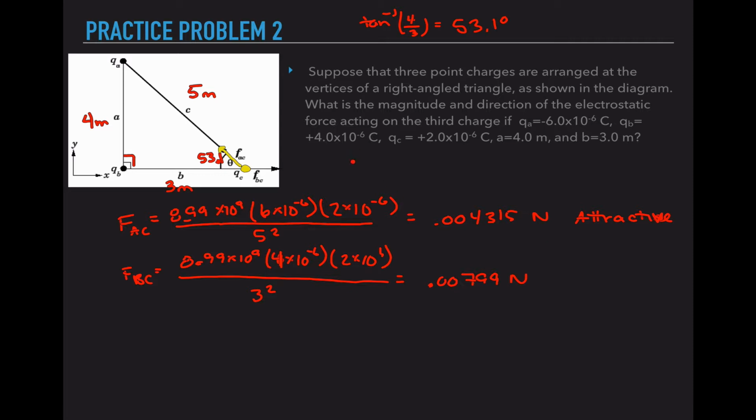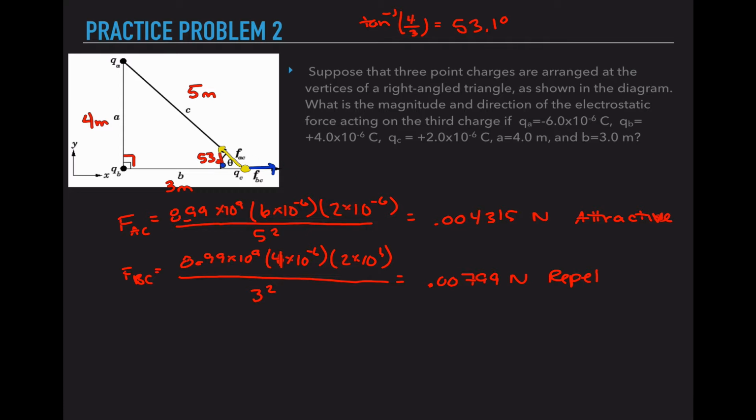And since I have a positive and a positive charge, this is a repelling force, or a repulsive force. So that means that I'm going to draw another arrow here. This is going to go in this direction. So when I compare or combine these forces, I'm actually going to be subtracting the x directions because one's going positive or pushing away and one's pulling towards. Okay, so now I have these two total forces.